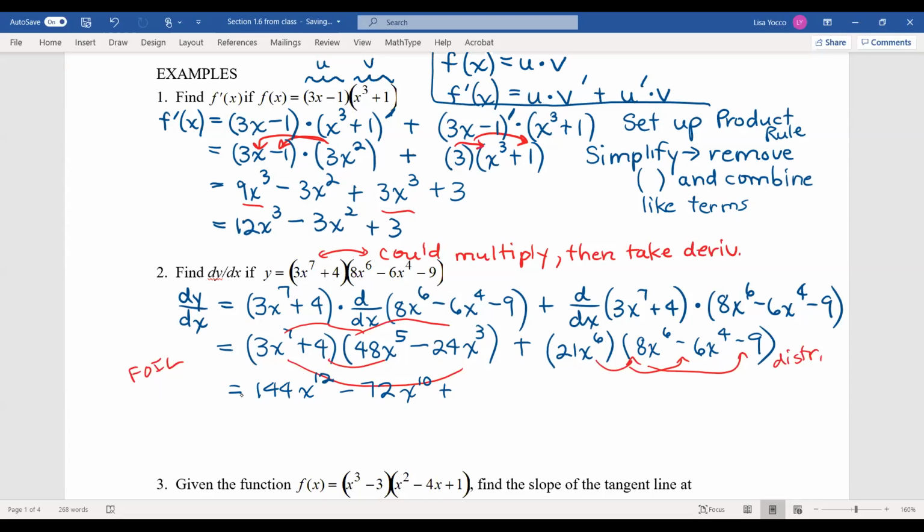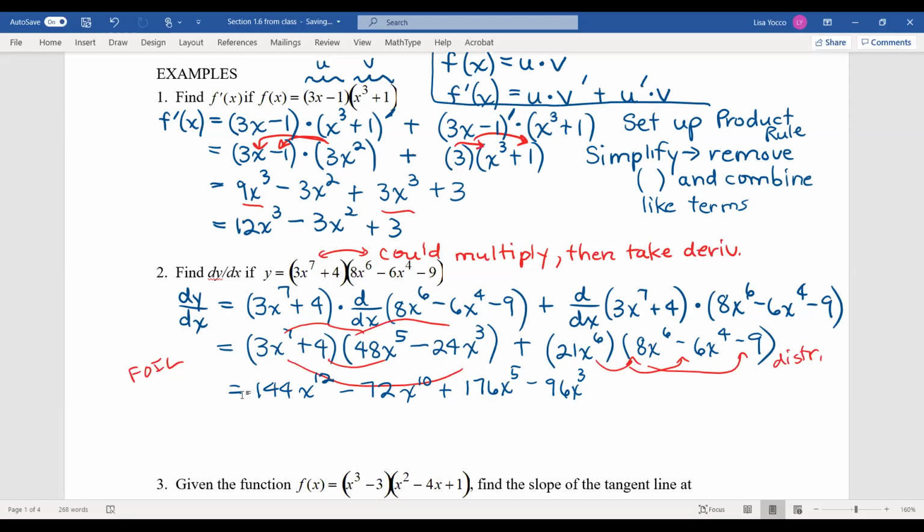Inner product, 4 times 48 is 176, x to the 5th. And then 4 times 24, minus 96, x cubed.